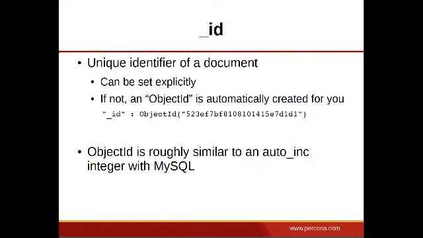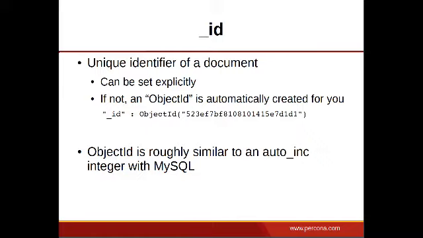Another important thing is underscore ID. Underscore ID is the unique identifier of any document. So it's pretty much like the primary key in the relational world. And you can either set it explicitly, so when you insert some data, you can set underscore ID equals something.